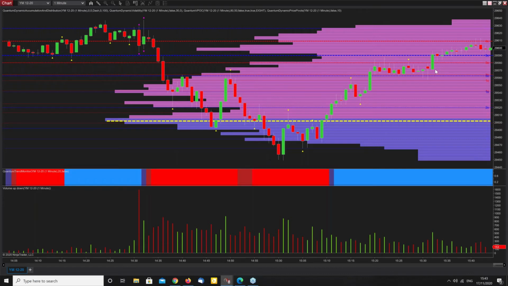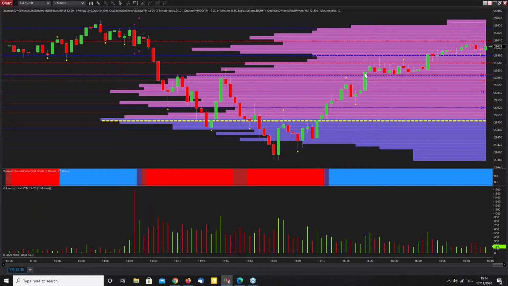So you can see the little injection of volume we've had here, nice widespread up candle, decent volume under that particular candle, a little wick to the upper body, but nothing too serious to worry about. We had a similar sort of breakout, if you will, or some injection of momentum into the move.